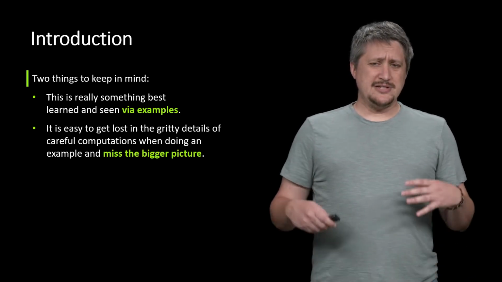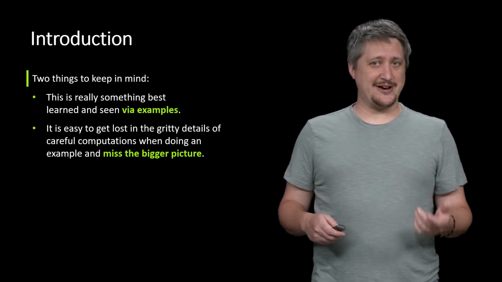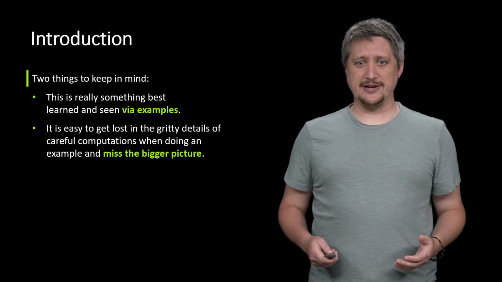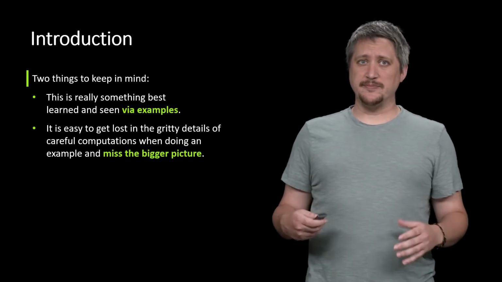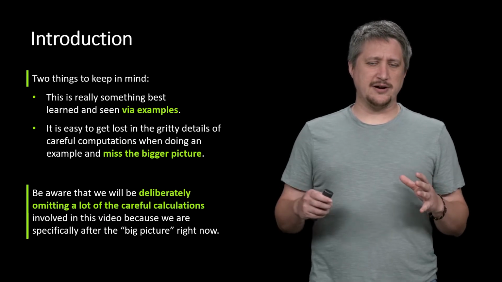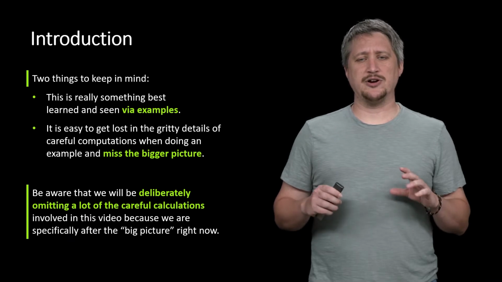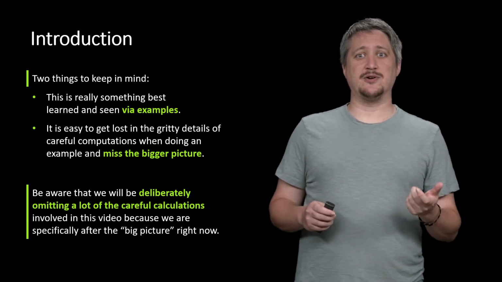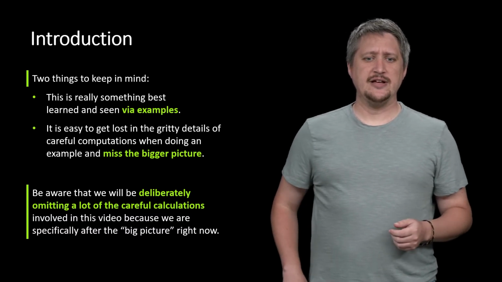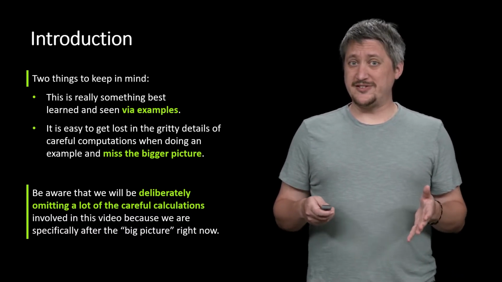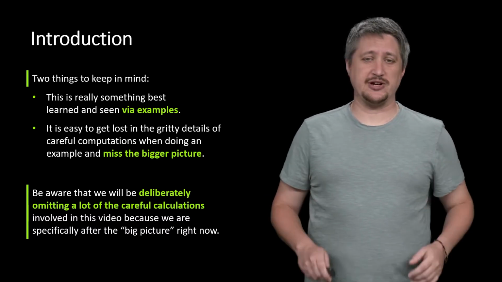But it's easy to get lost in all of those gritty details and all those careful computations to get all the information that we're going to need, and miss what's happening in the bigger picture. So as a result, be aware that in this video that we're doing right now, we're going to be deliberately glossing over, omitting a lot of these very careful line-by-line calculations, because in this video specifically, we're after that big picture: how do we actually use the information we're given?